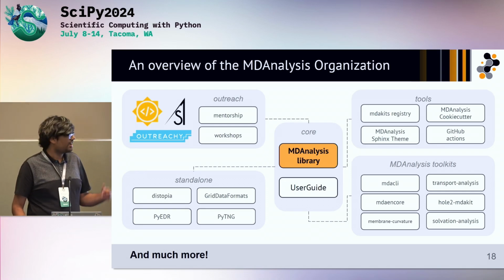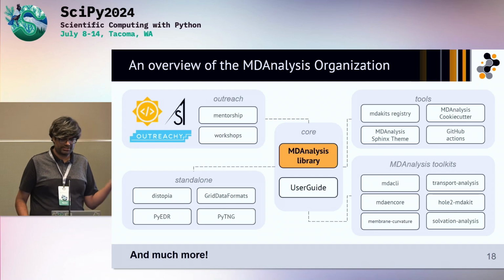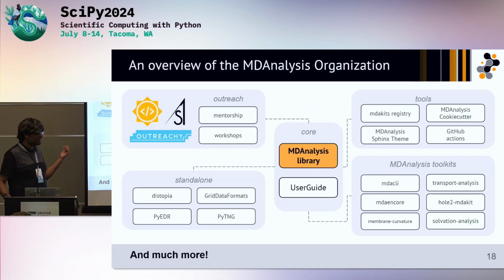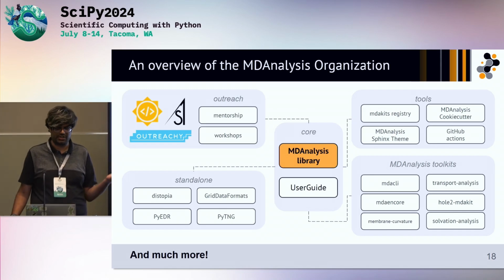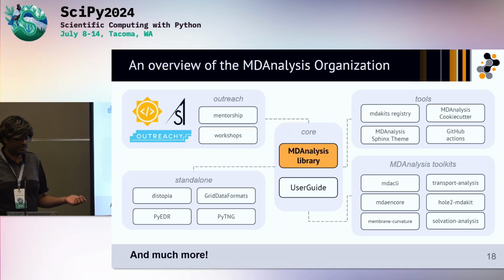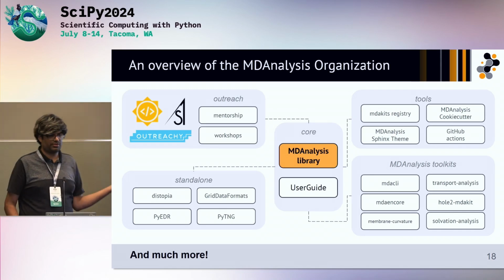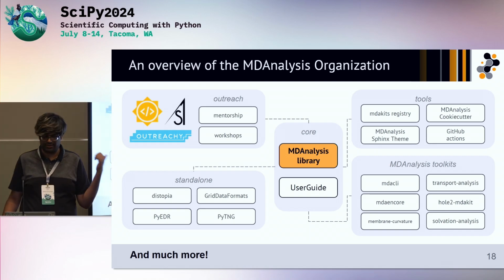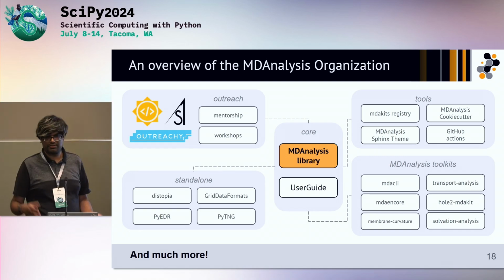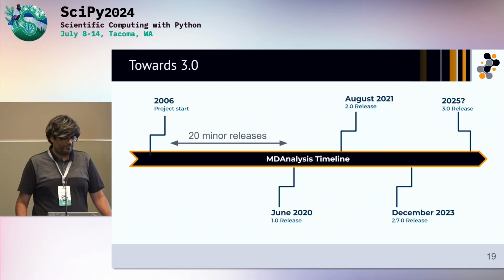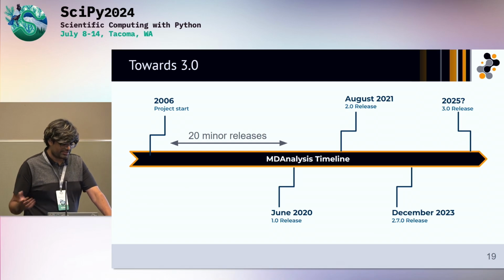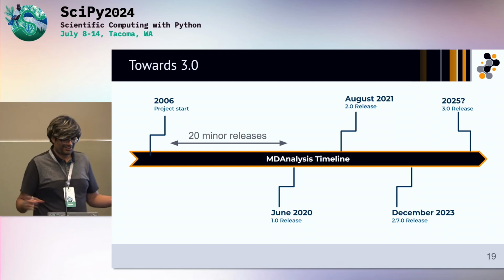We have various MDAnalysis toolkits I'll cover, which are downstream packages of the core library. And then we have non-code things such as outreach. This is really important because that's how we survive. We do a lot of mentorship for Google Summer of Code and other projects, and we also do workshops. So that's the MDAnalysis organization and library in an 18-minute tour.